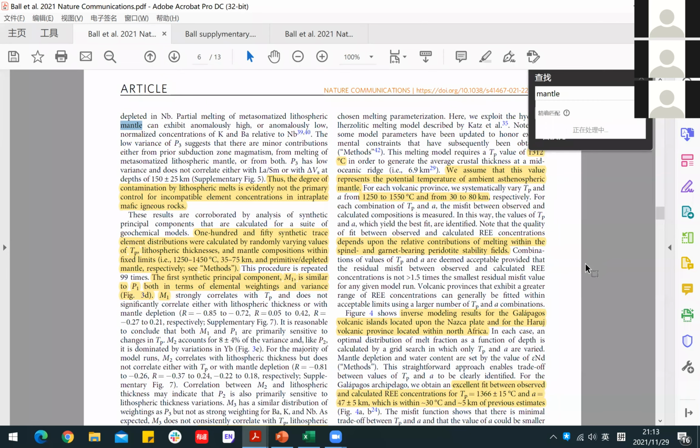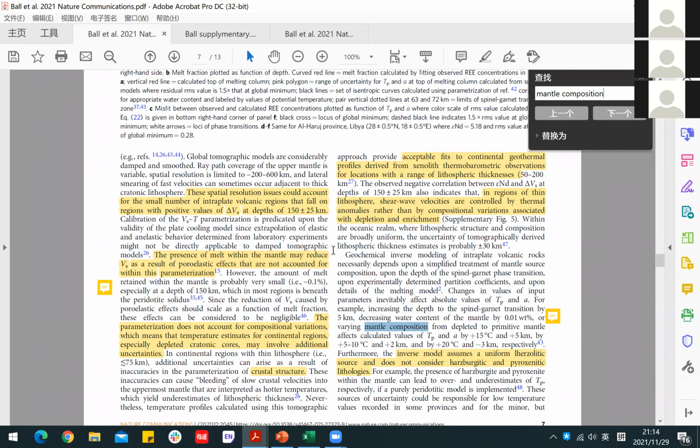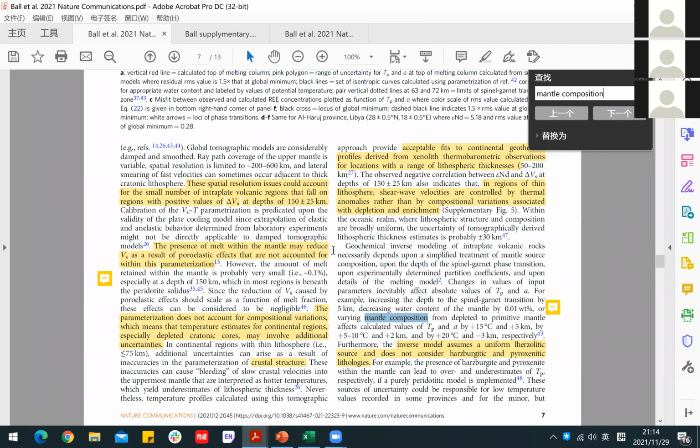But they didn't use the bulk composition, right? They only use REE, like inverse modeling. In figure 4, it only shows the REE, right? So I'm not sure if they considered that. Okay, maybe they didn't consider the bulk composition.